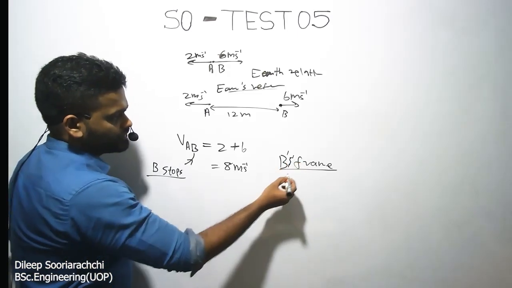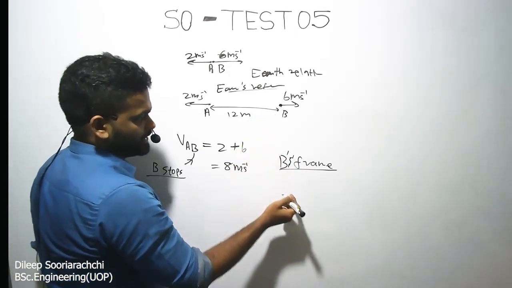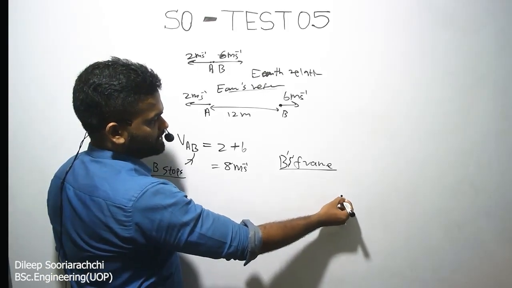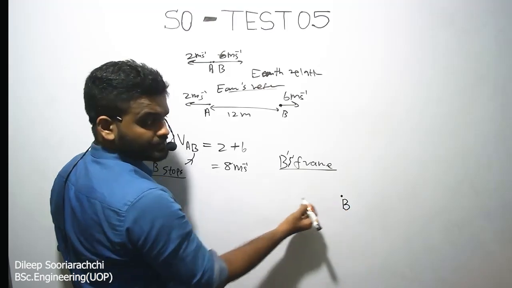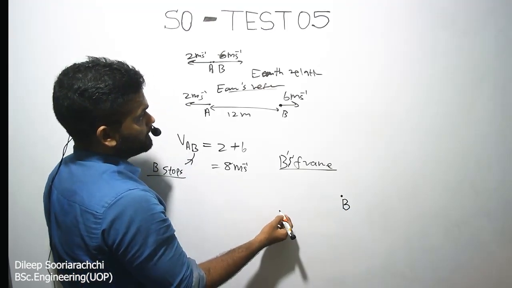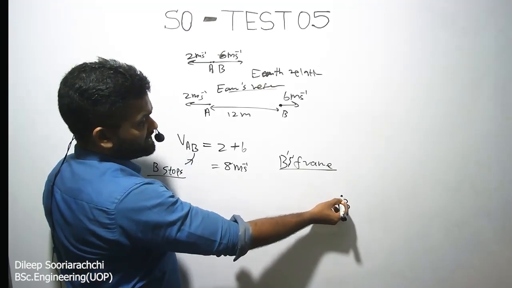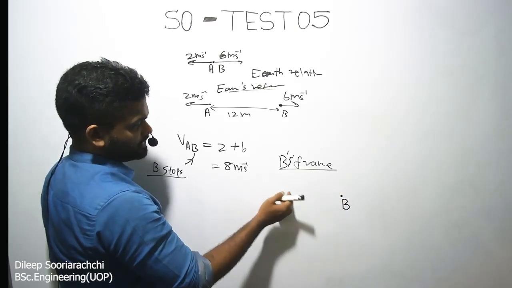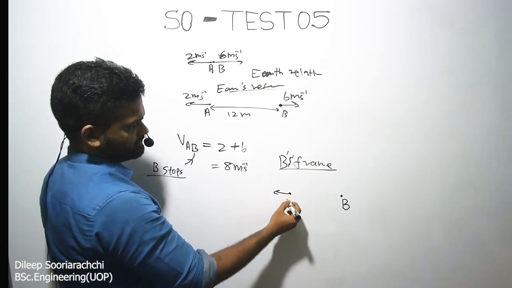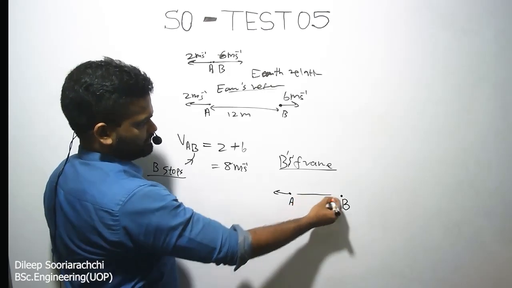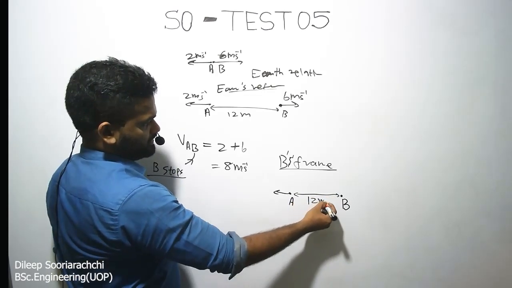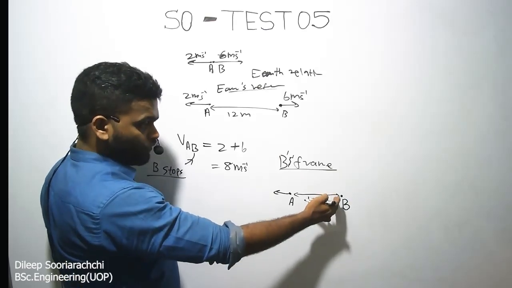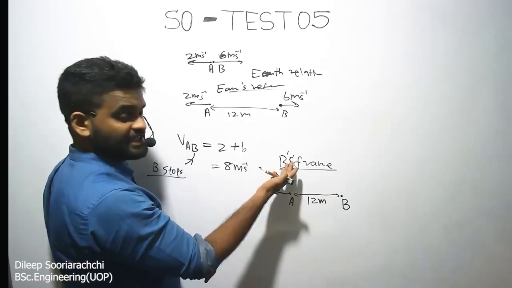Right. So let's draw this sketch again in B's frame. B is stopped, B is here. Only A moves in B's frame. So A moves 12 meters. Only A has to do all the motion, right? The whole displacement is done by A in B's frame.